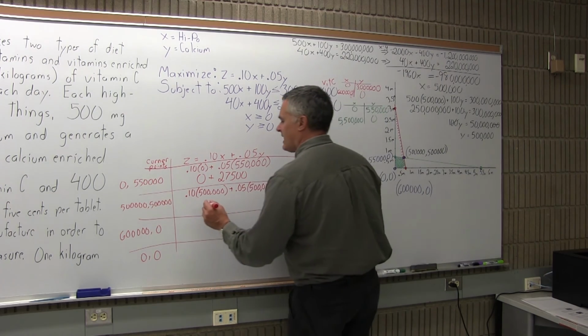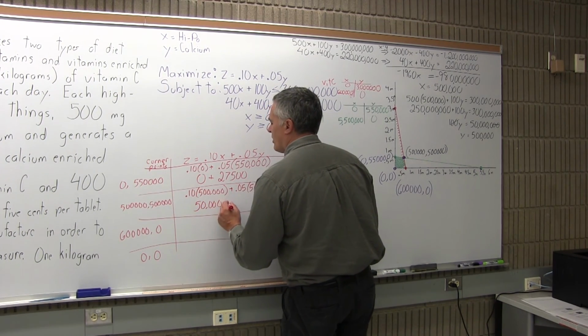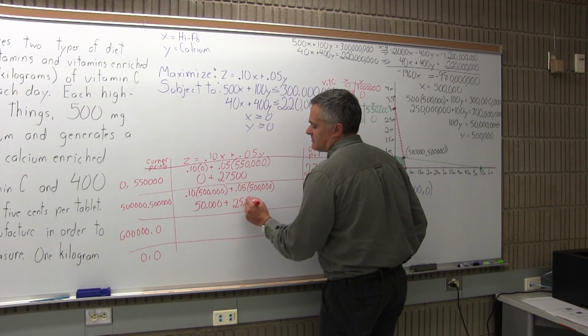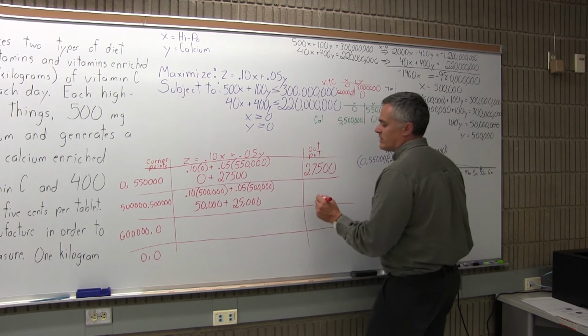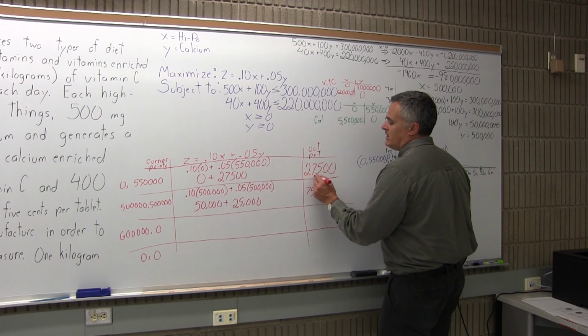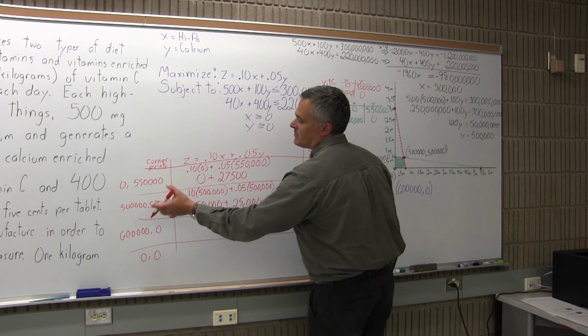It is 50,000. 0.05 times 500,000 is going to be half as much. It's going to be 25,000. So 50,000 plus 25,000 is 75,000. Well, that's quite a bit more. So you can make $75,000 of profit by making 500,000 of each type of pill.